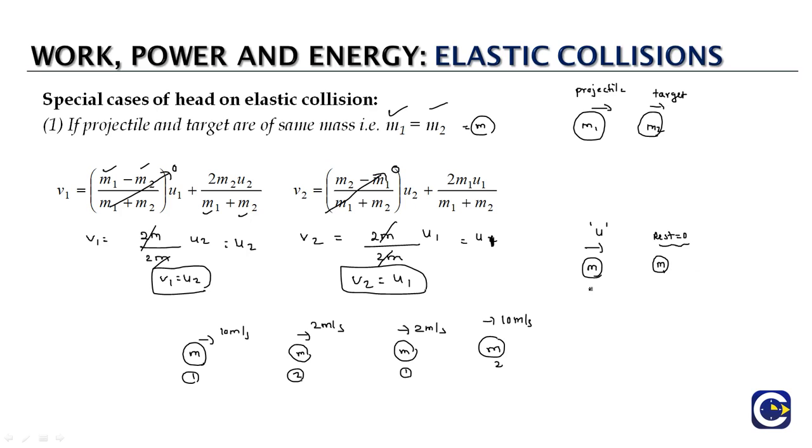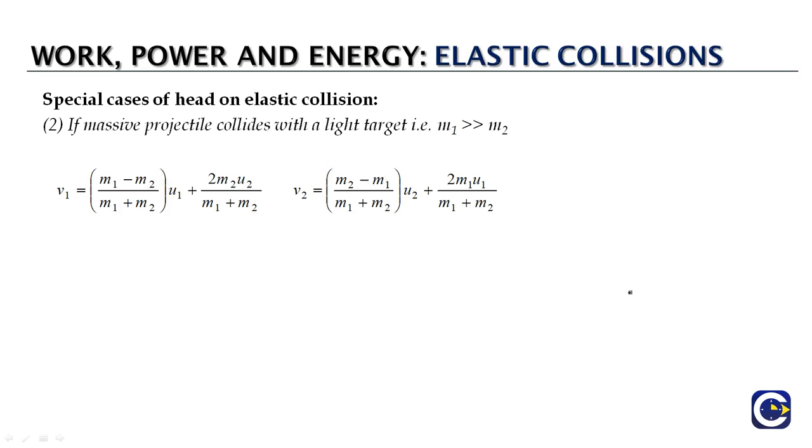So this is the first ball which is coming and the second ball is at rest. After the collision, the first ball would come to rest and the second ball would start moving with whatever is the initial velocity with which the first ball is coming. So these are some of the special scenarios which we can have in case of head-on elastic collision between particles of equal mass.